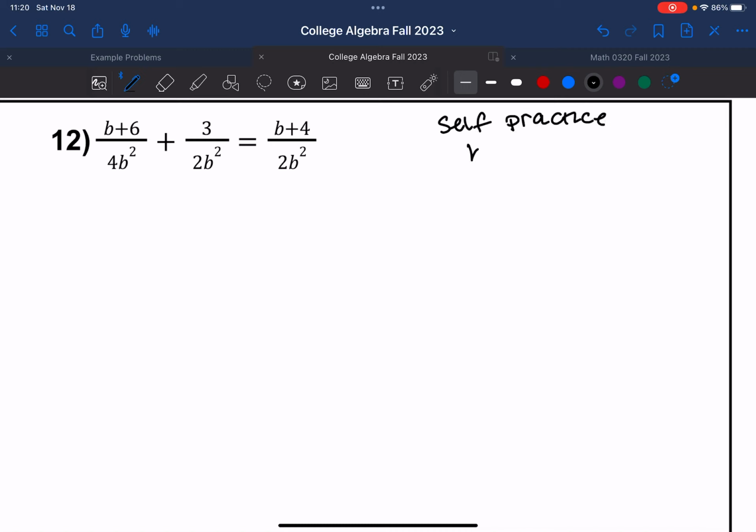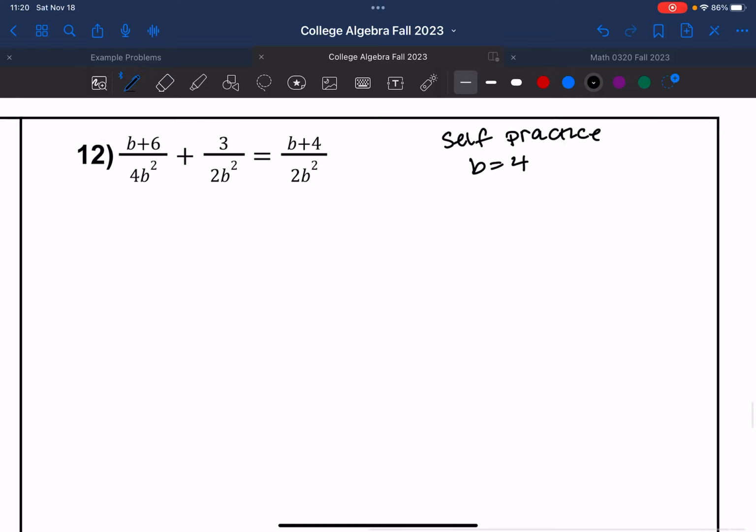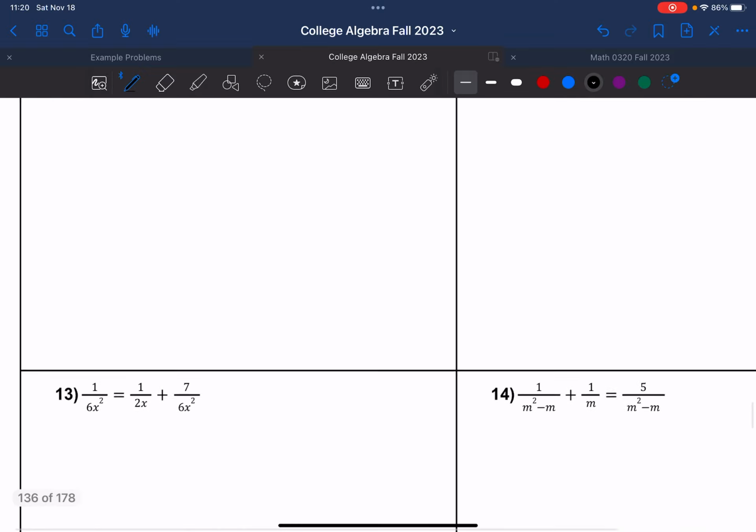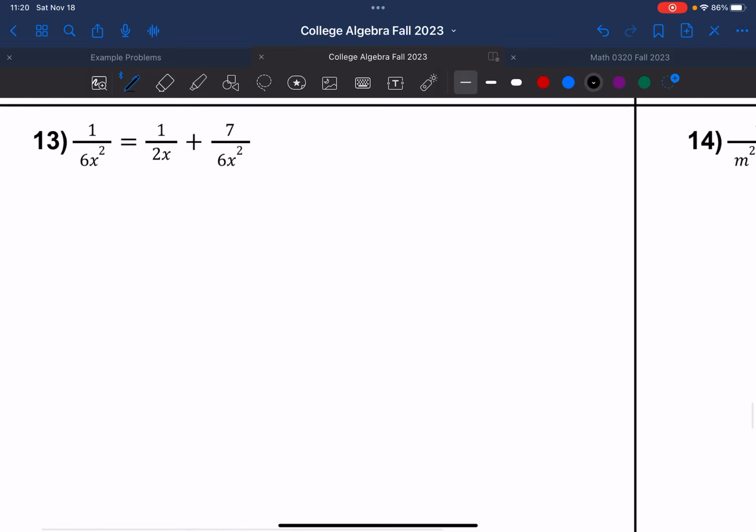And if you did it correctly, you should get b equals 4. Okay. Just checking through any of them, seeing if there's any that we didn't look at the concept for.